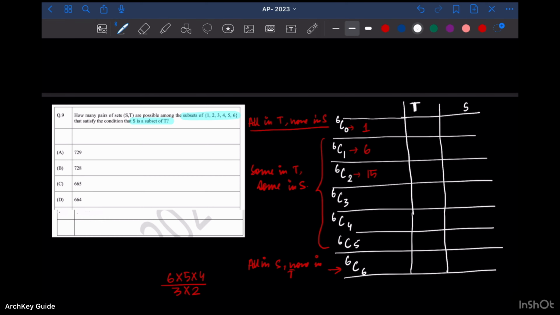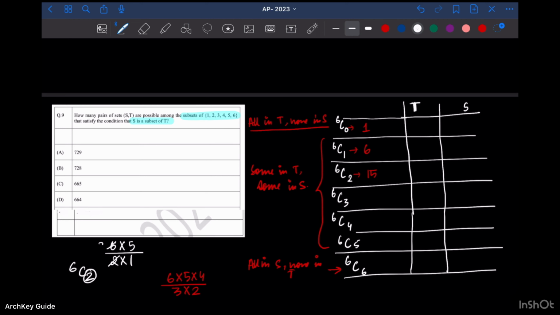If a number says 6C1, for example, this means that 6 is going to start and end at just the first number. If it's 6C2, 6 will start and end at the second number in decreasing order. 6 into 5, and the lower digit is going to continue till 1.